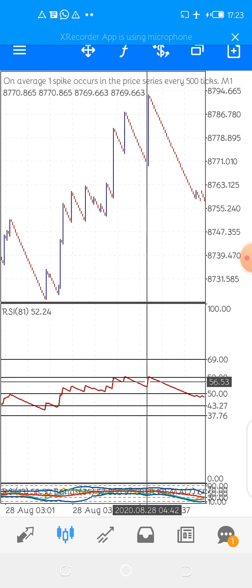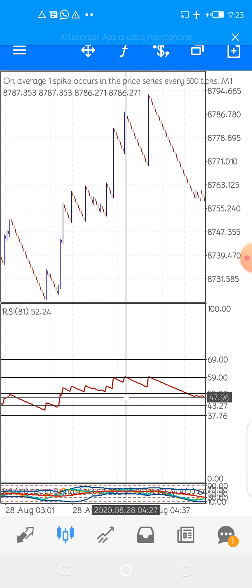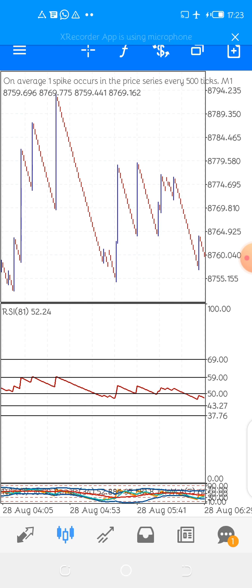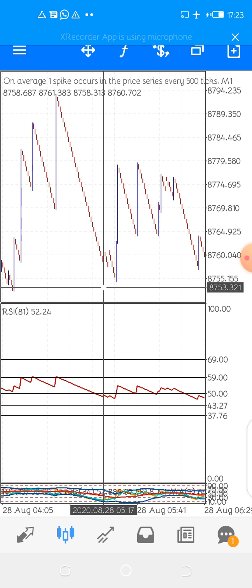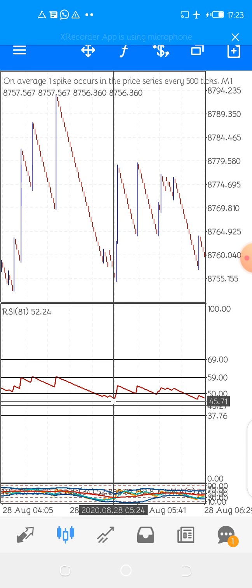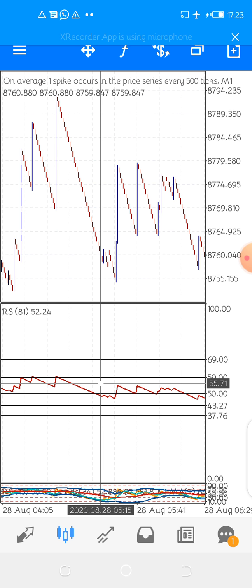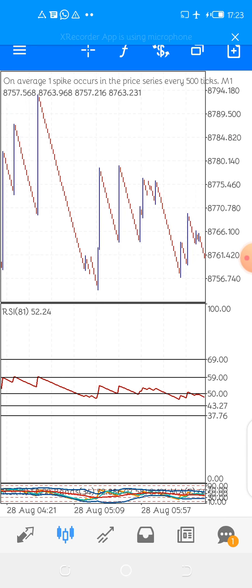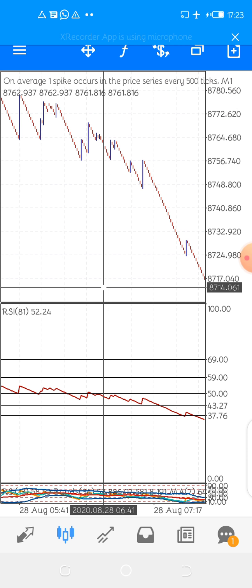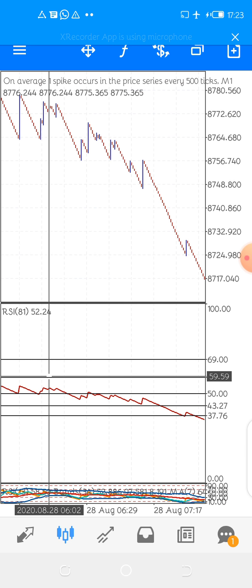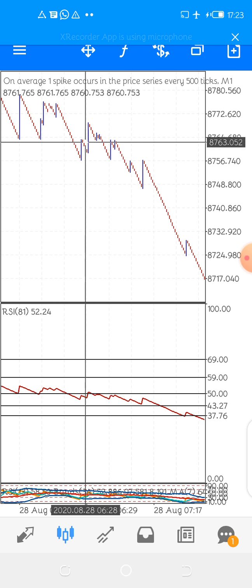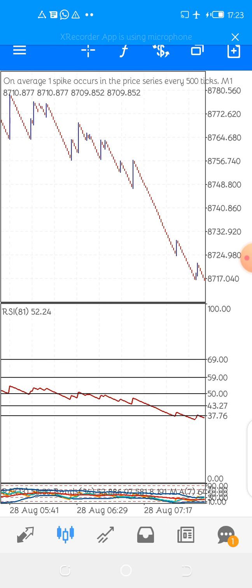So the moment it breaks free out of this zone, it might sell for some time, but this time round it broke out of that level, tried coming down, then went again and started ranging, and then ranging going down. Okay, but all this time round it is just ranging but going down.